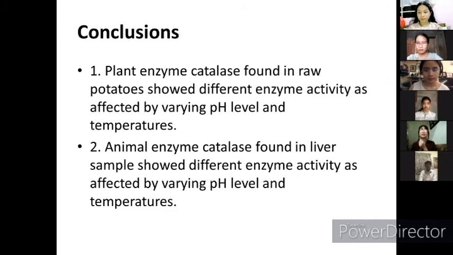In this study, we have concluded that plant enzyme catalase found in raw potatoes showed different enzyme activity as affected by varying pH level and temperatures, while animal enzyme catalase found in the raw liver sample showed different enzyme activity as affected by varying pH level and temperatures. Briefly, both plant enzyme and animal enzyme catalase have different enzyme activity or reaction depending on the treatments made. The third conclusion and summary will be presented by the next presenter.